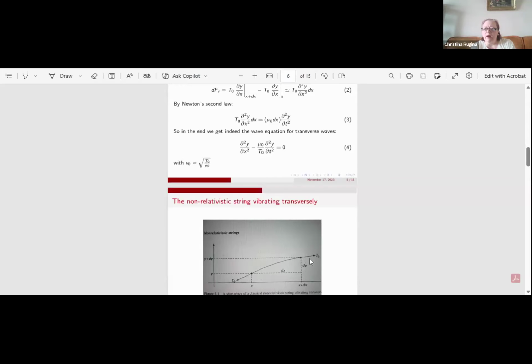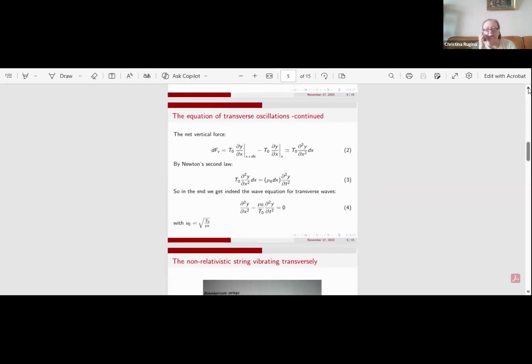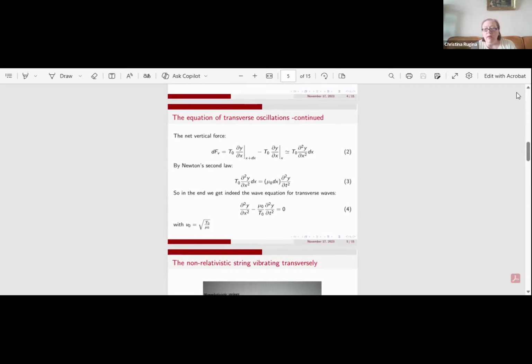We have two ends, this end and this end. The difference between the two, one force taken at x plus delta x, the other at x, gives us this. Why do we get that? Well, it's the definition of the derivative. So I have to try to open a whiteboard. I'm sorry, I have not prepared it, so bear with me for a second.